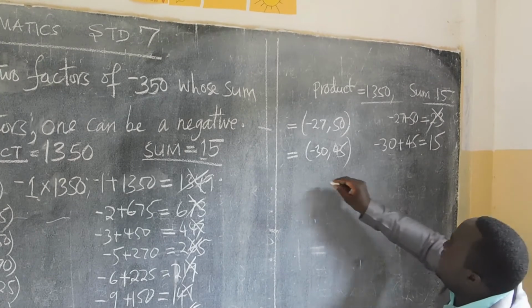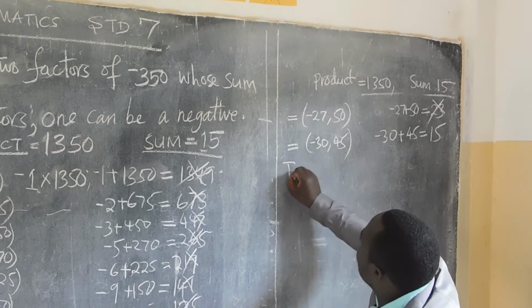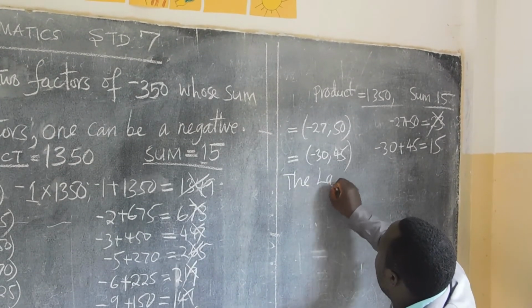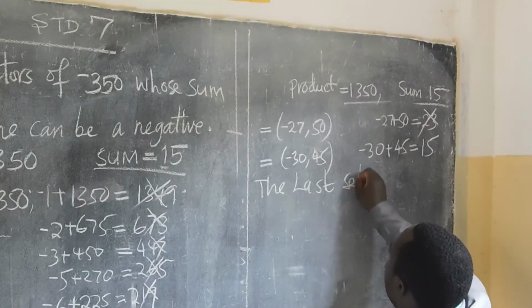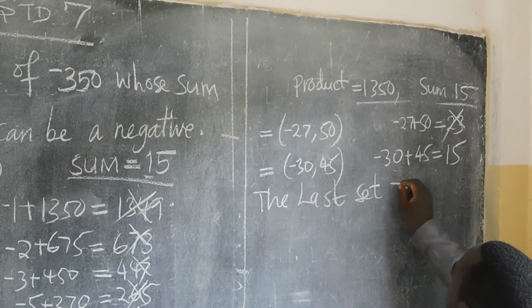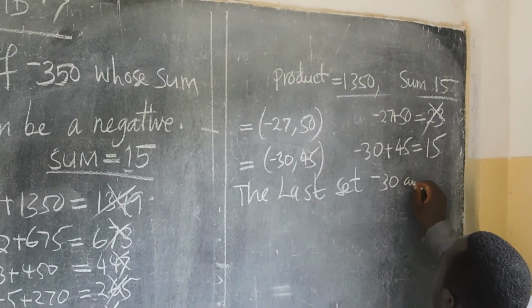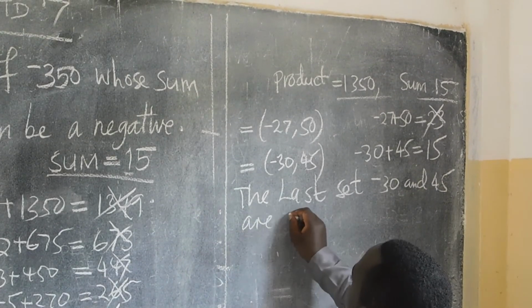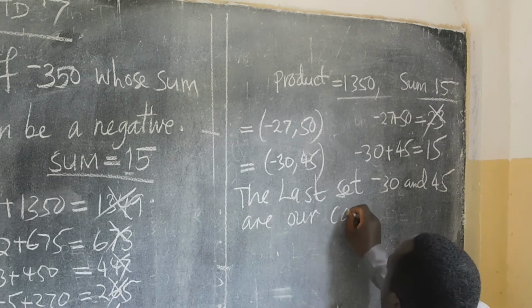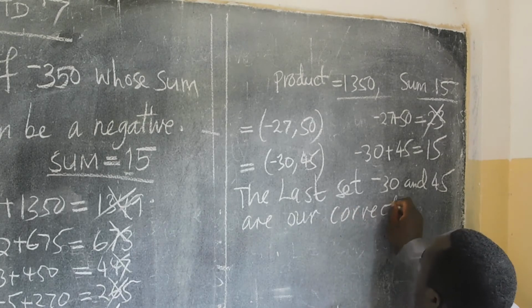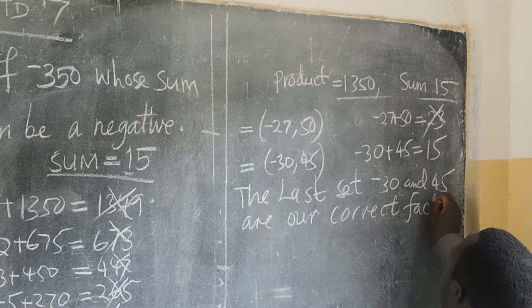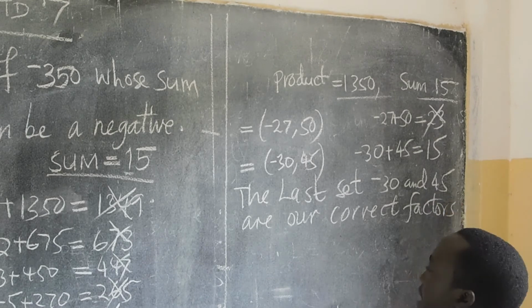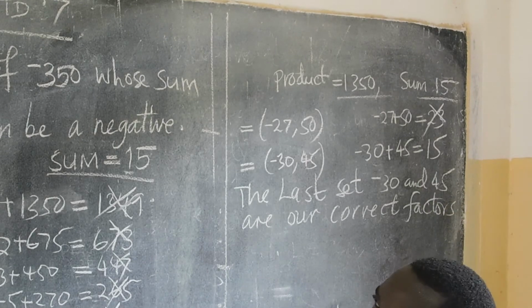So means the last set, negative 30 and 45, are our correct factors we are looking for. Now we take our equation.